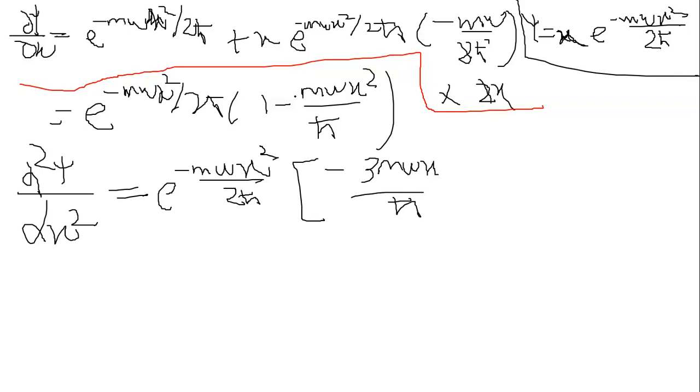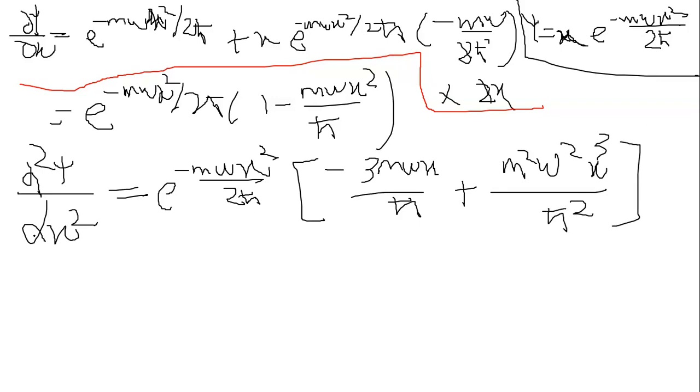One will come here, when you take 2 it will be minus 2 m omega by h cross, so 2 will be cancelled out, and we will get m omega x by h cross from here, and from the derivative of this we will get 2 m omega x by h cross, so it will be minus 3 m omega x by h cross, and from the derivative of this term we will get plus m square omega square x cube by h cross square. So this is the double derivative.